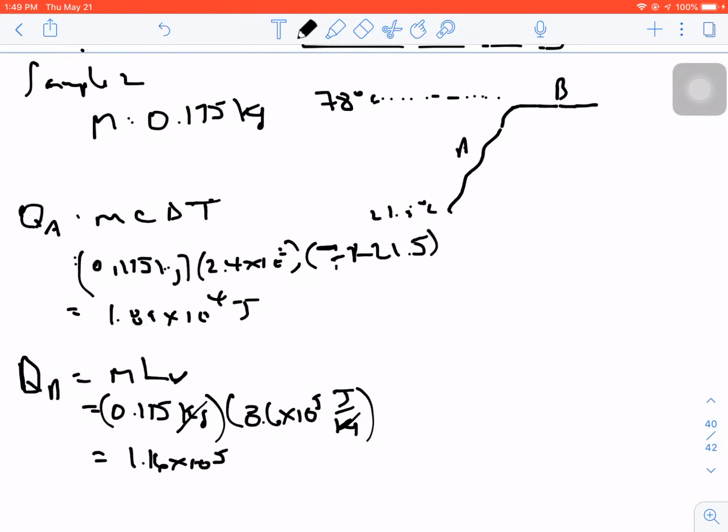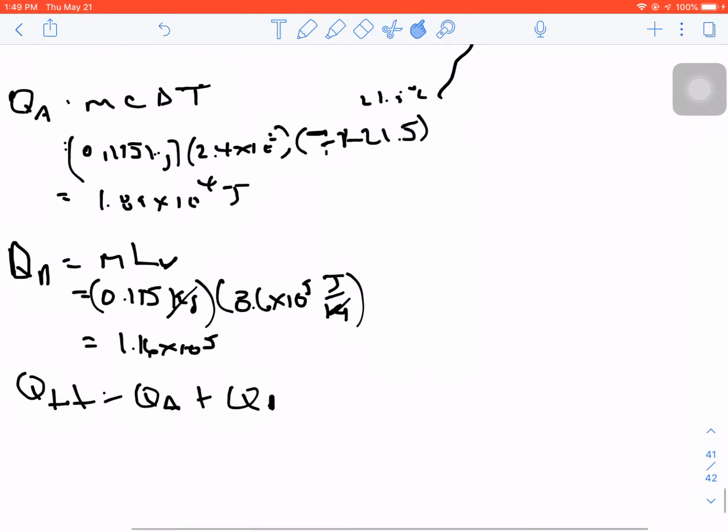Okay, and if I want to know what the total amount of energy is now, it's the amount of energy that I needed to warm the alcohol plus the amount of energy that I needed to evaporate the alcohol. So I'm going to add those two numbers, and I get a final answer of 1.3 times 10 to the 5 joules.